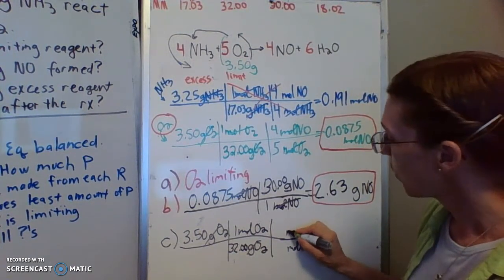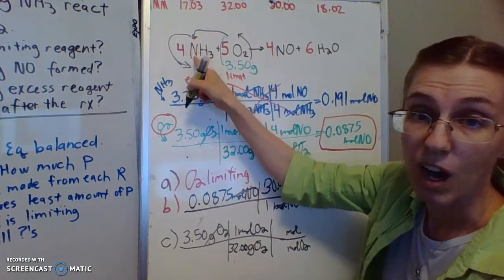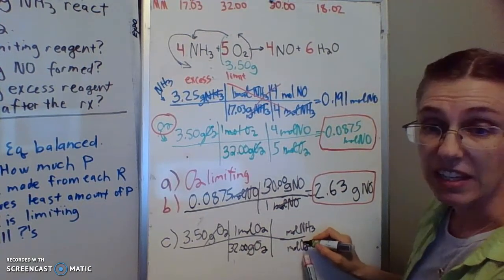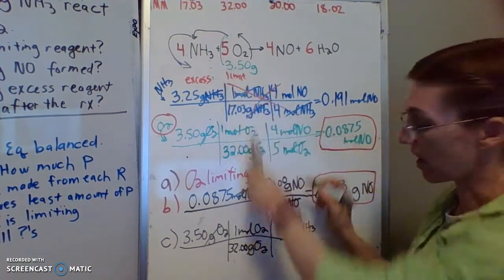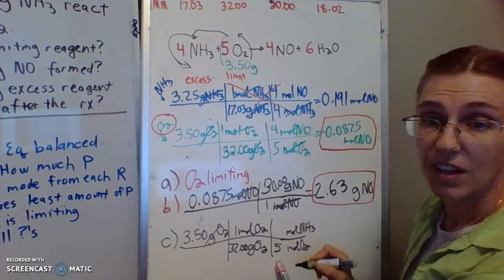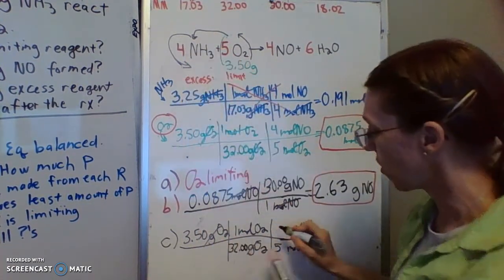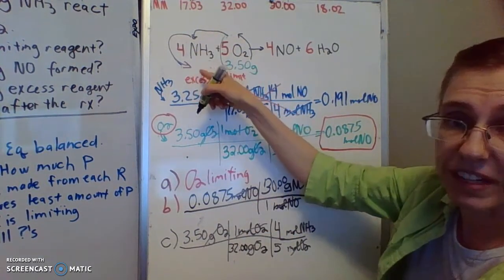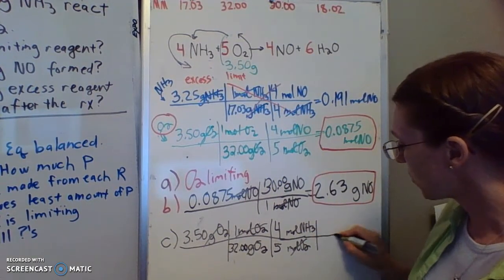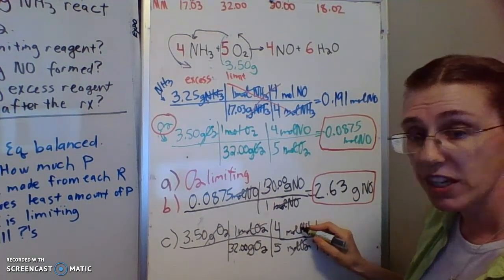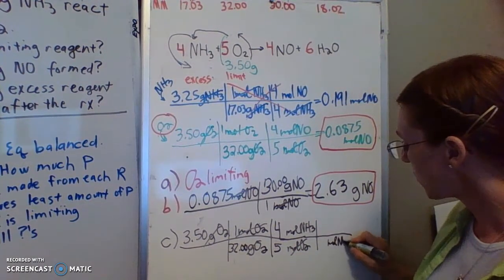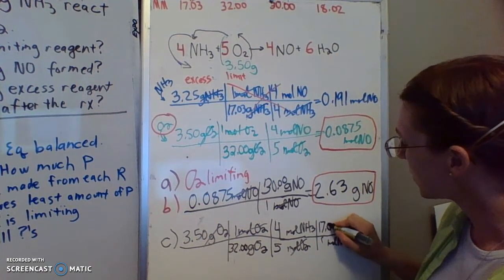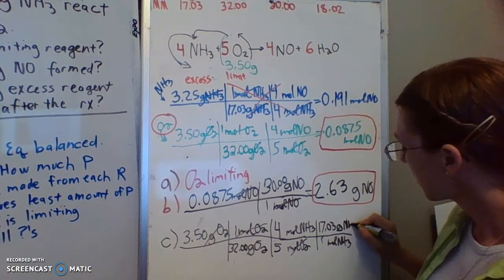We want to go to moles of ammonia, so that's what's going to be on the top. Coefficient for the O2 is 5, so we're going to write the 5 right there. Coefficient for the ammonia is 4, so we're going to write the 4 right there. Now here we've got to go all the way to grams. So we're going to put our molar mass on there at the end. Moles of ammonia is in the top, so moles of ammonia has to be in the bottom. And our molar mass is 17.03 grams per mole.